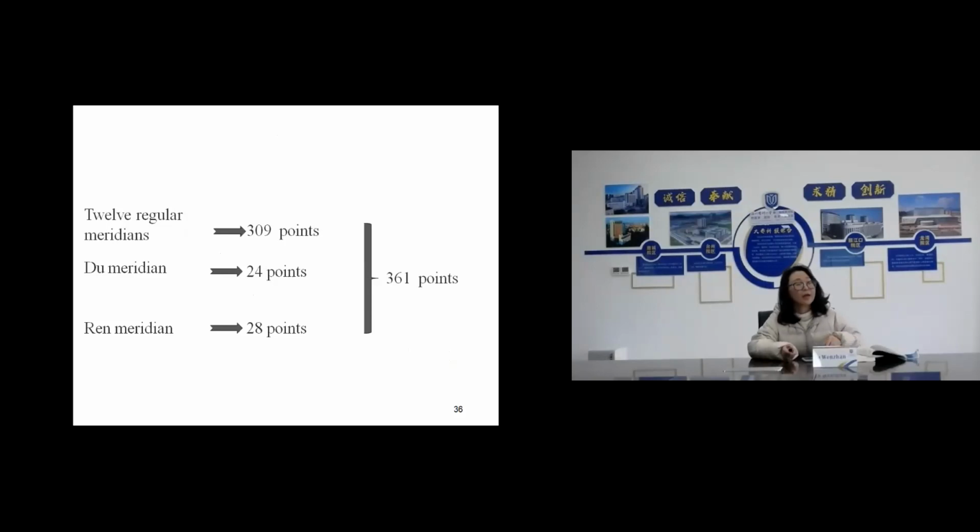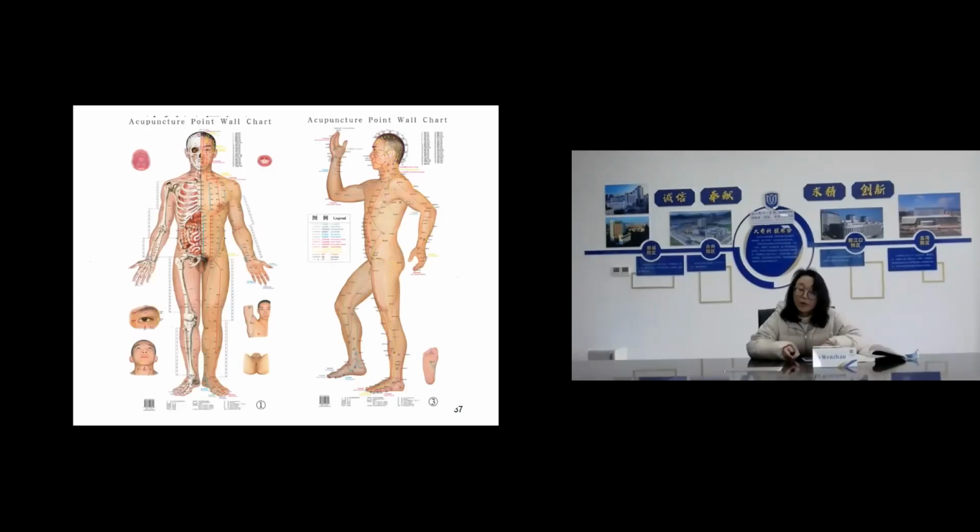Ashi points are when the patient feels that here is painful. So he says, oh yes, it's here. So it means Ashi points, like trigger points. Here's a picture of the acupoints in our body.